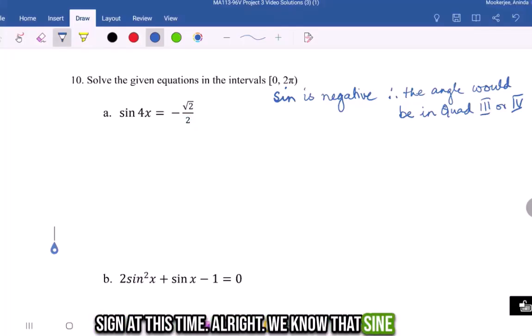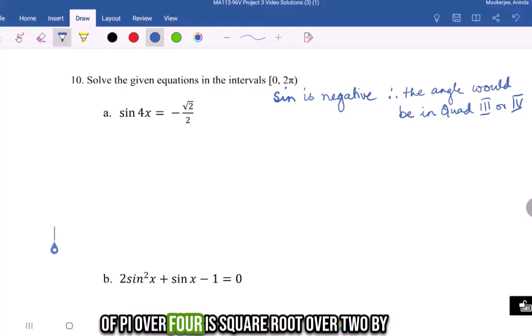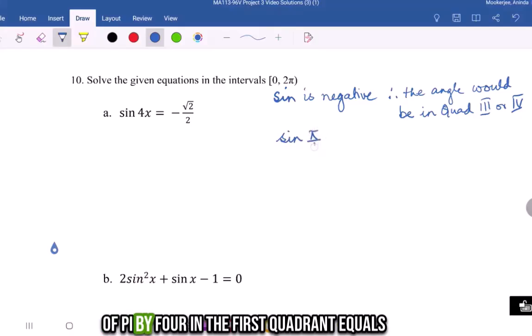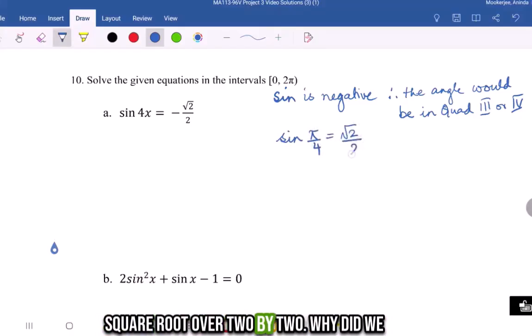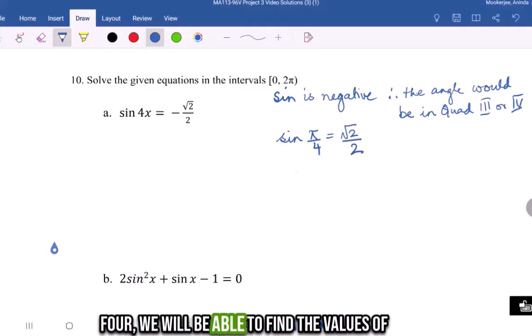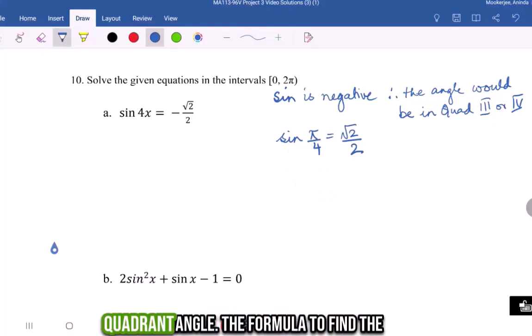We know that sine of pi over 4 is square root of 2 by 2. Let's write that down next. So sine of pi by 4 in the first quadrant equals square root of 2 by 2. Why did we need to do this step? Because using pi over 4, we will be able to find the values of the third quadrant and the fourth quadrant angle.